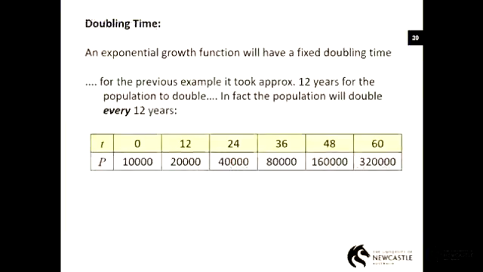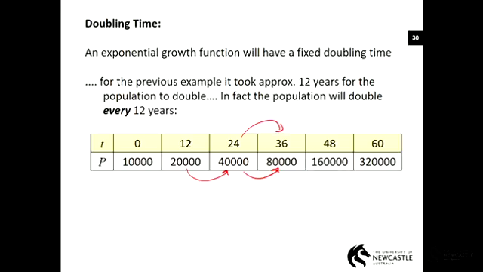Let's look at the next page. Here we started with 10,000 people, and I've rounded to 12 years, it got to 20,000 people. After another 12 years, it will have doubled again. After another 12 years, it will have doubled again. See that trend? The doubling time of this population is just 12 years, or 11.9, call it 12 years.